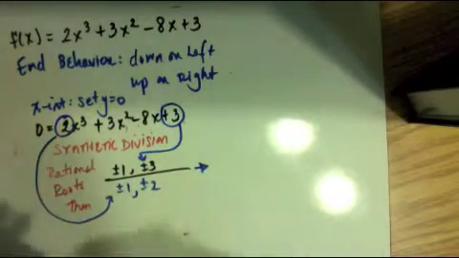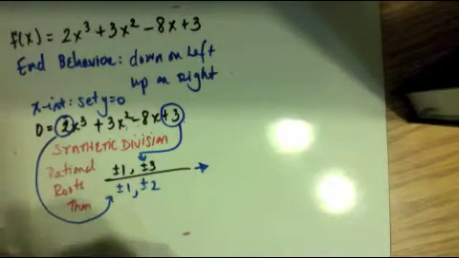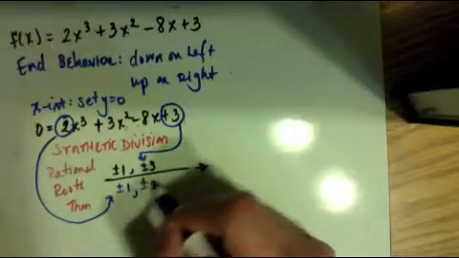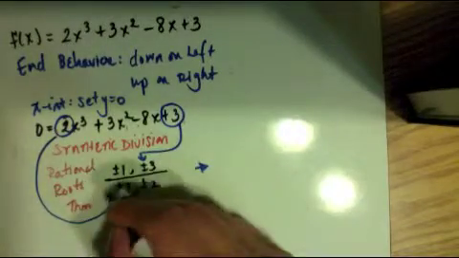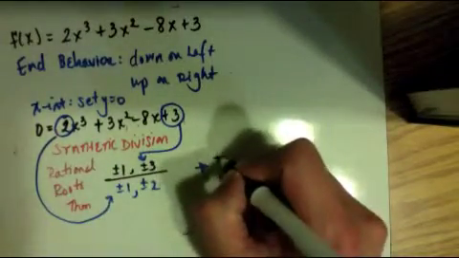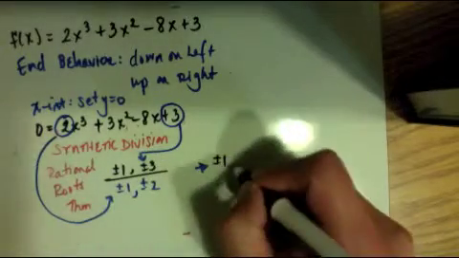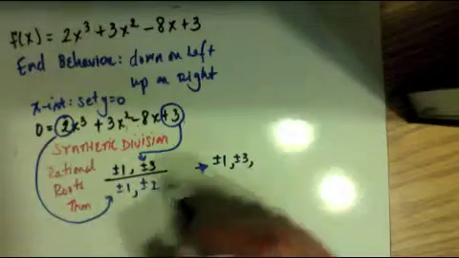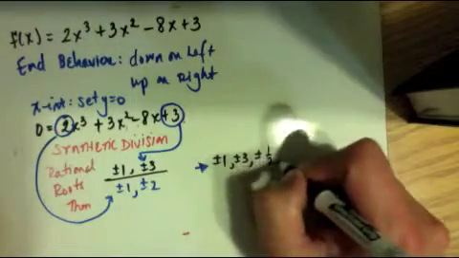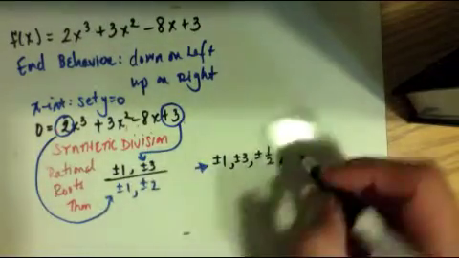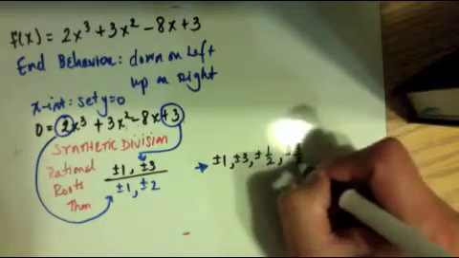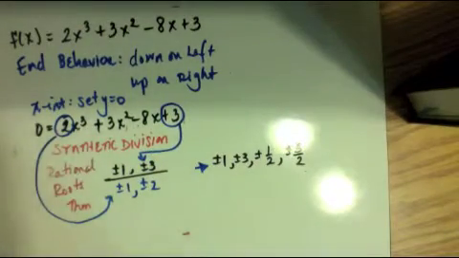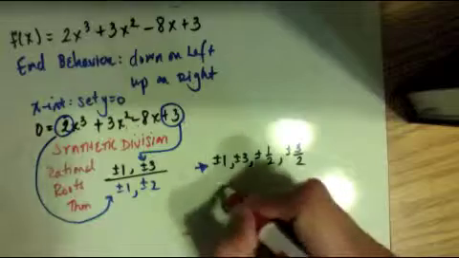Now that I have that, my potential zeros are the rationals, basically the fractions. So 1 divided by 1 is 1, 3 divided by 1 is 3, and then 1 divided by 2 is plus or minus 1/2, and 3 divided by 2 is plus or minus 3 over 2. So these are what we call our potential zeros.